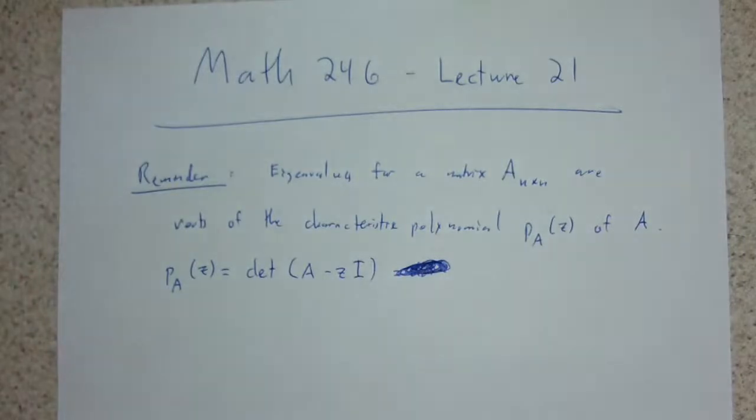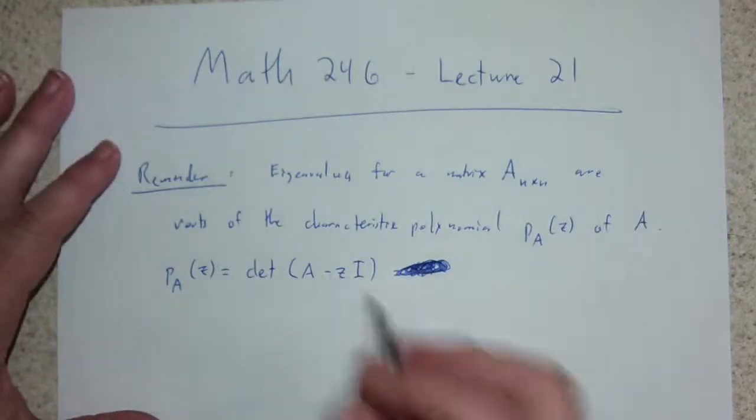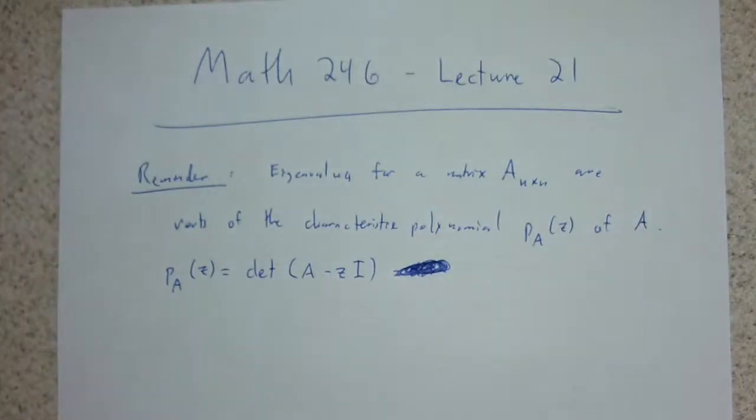You can define it as this, or I think the textbook actually switches the order of these. For the 2 by 2 case, it's not going to matter, and as far as finding the roots, it's not going to matter either, because it's just going to change this by plus or minus 1.